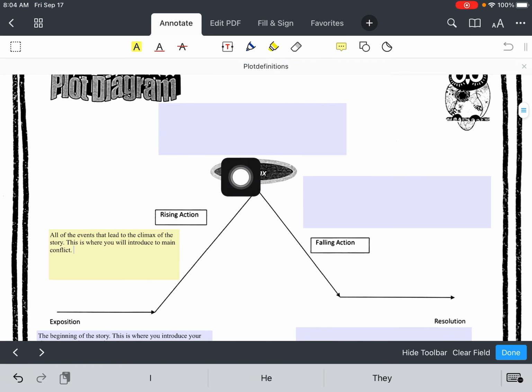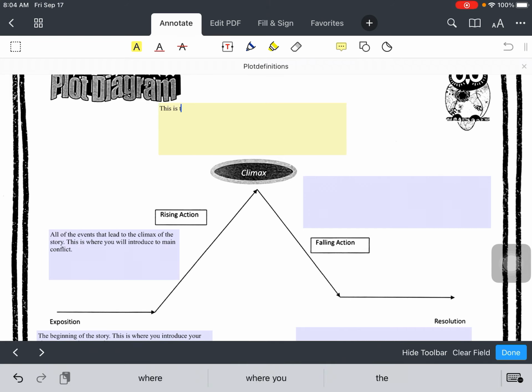Then up here at the top of the hill, and I said at the beginning that this looks very much like a roller coaster, I like to think of the climax as that top of the roller coaster when you're riding it, when you're about to go over the other side. It's the most exciting part of the roller coaster. And the climax should be the most exciting part of the story.